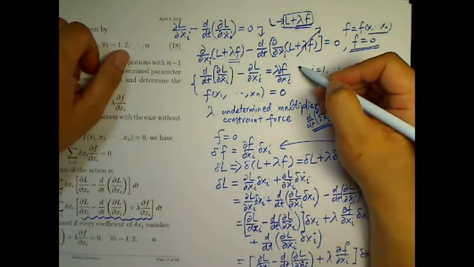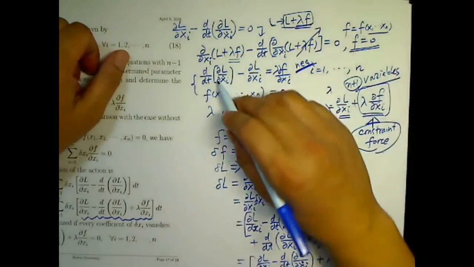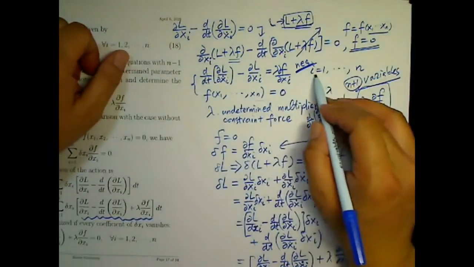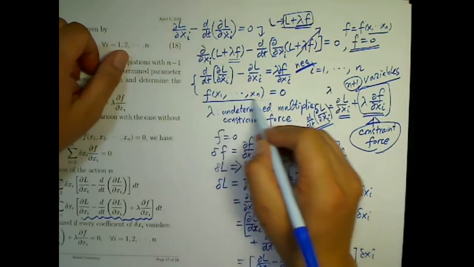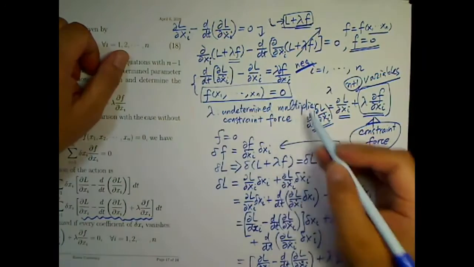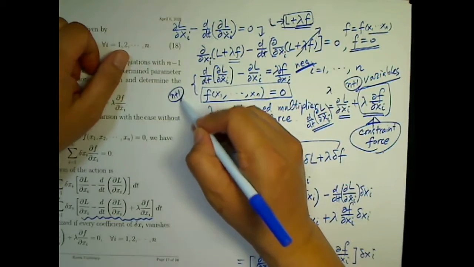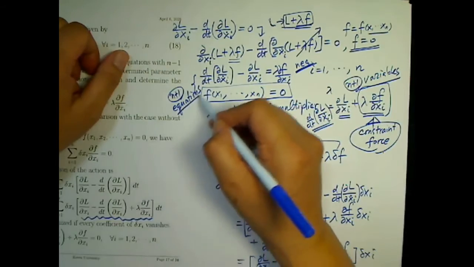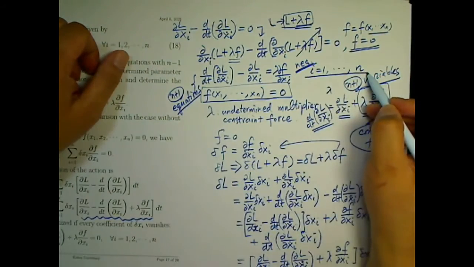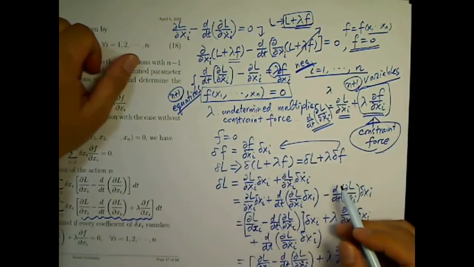Then we have n equations, because the number of parameters are x1 to xn. And then we finally have an additional equation, that is the constraint equation. So these are n plus 1 equations. Our mechanical variables are n variables, and additionally we have Lagrange's undetermined multiplier.